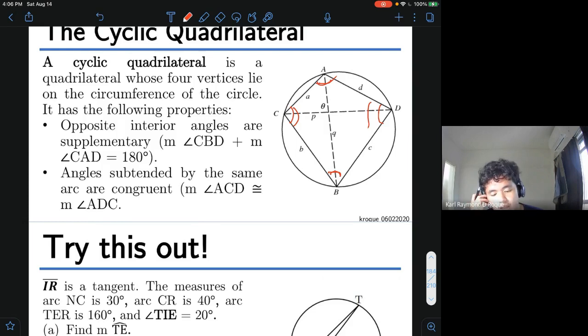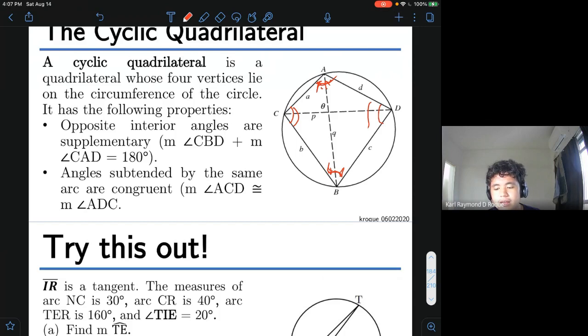With angles subtended by the same arc congruent. Bakit siya ganyan? You can do angle chasing. Tapos paghiwalayin nyo yung makukuha niya, for sure you will see na 180 degrees yan kahit ano mangyayari.